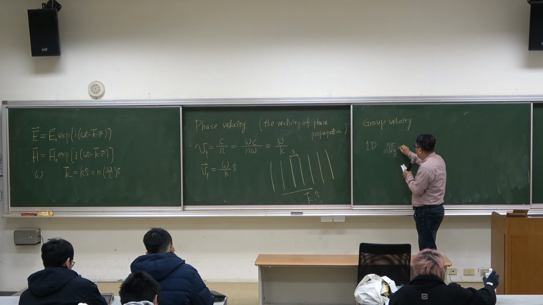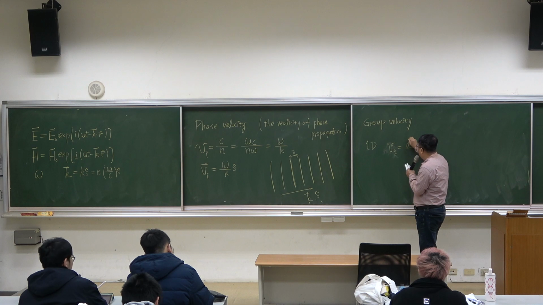Vg in 1D can be written as d omega over dk.